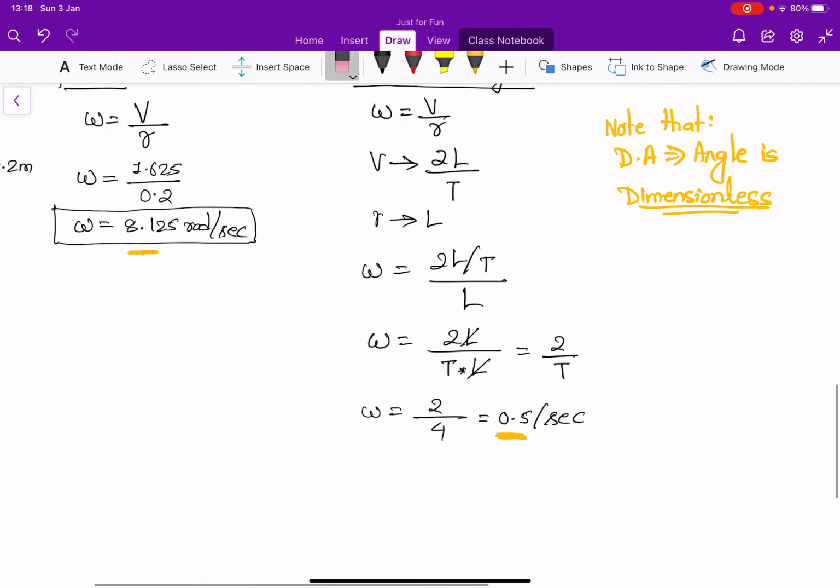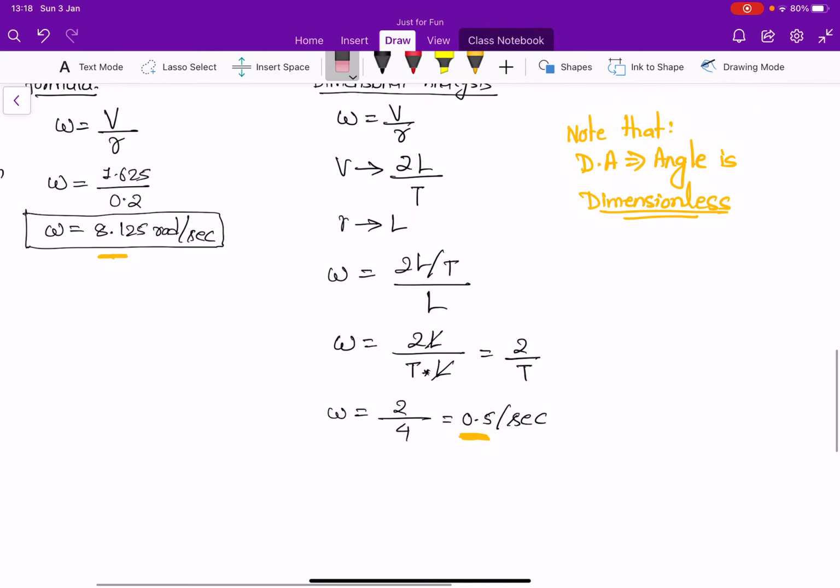So I'm going to use this side here. Let's find the angle. That angle must be in radian.